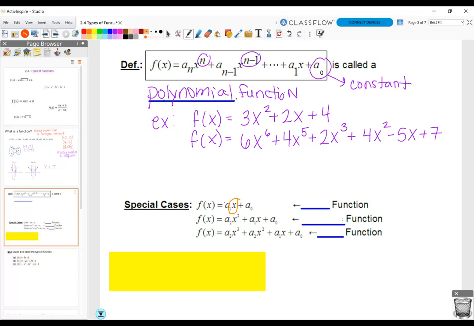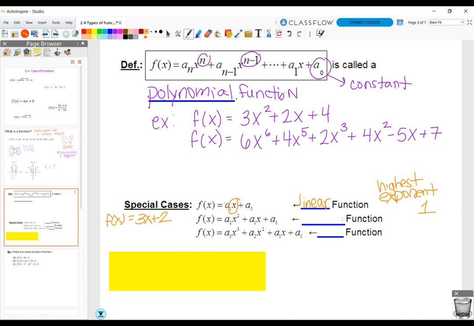This is a linear function. An example might look like 3x plus 2.